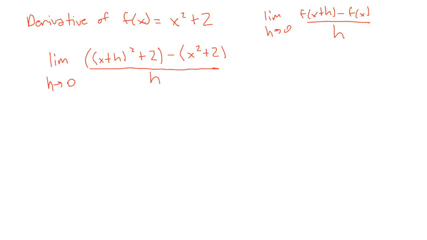So now let's go ahead and factor this out and see if we can do anything more with this. Now we're going to get our limit as h approaches 0 of (x squared plus 2xh plus h squared plus 2 minus (x squared plus 2)) all over h.